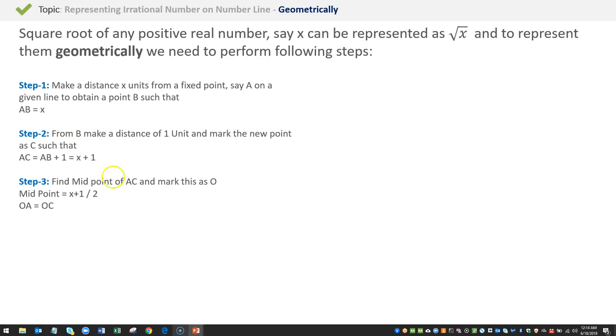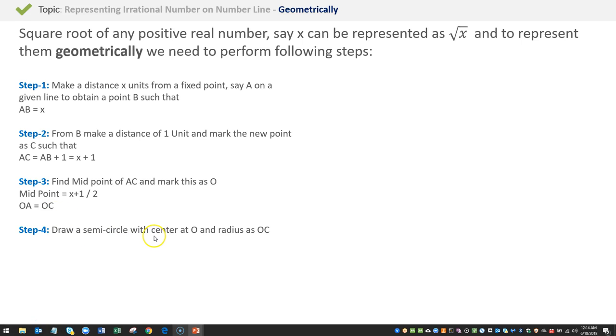And then find the midpoint of AC and mark this as origin, like O. And hence midpoint will be (x plus 1) divided by 2, where OA equal to OC.